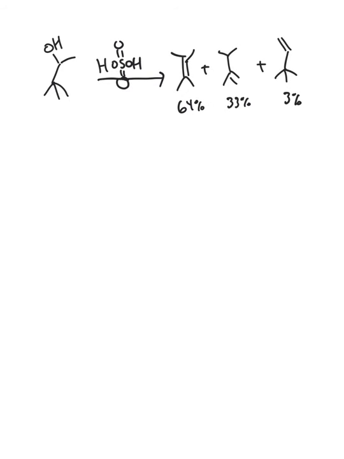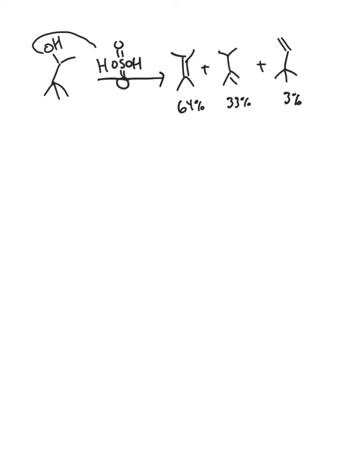So here we have the mechanism for forming all 3 of the products, the major one, the tetrasubstituted alkene, the disubstituted alkene after the rearrangement, and then the monosubstituted alkene that happens before the rearrangement occurs.